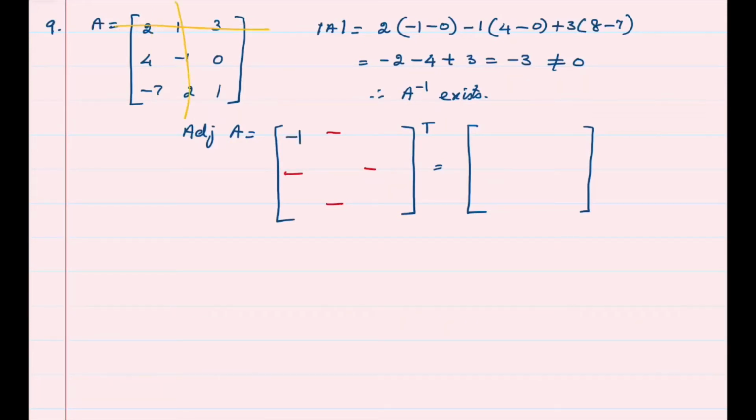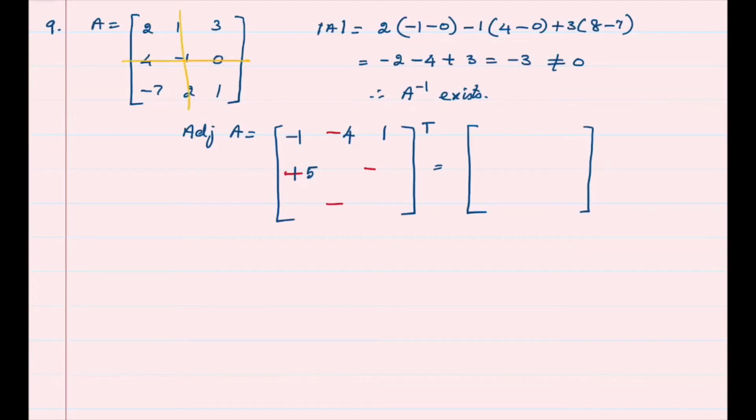Cofactor of 1: 4 minus 0, 4. But that position gets a minus sign, so minus 4. Cofactor of 3: 8 minus 7, 1. Cofactor of 4: 1 minus 6, minus 5. But minus of minus 5 will become plus 5.